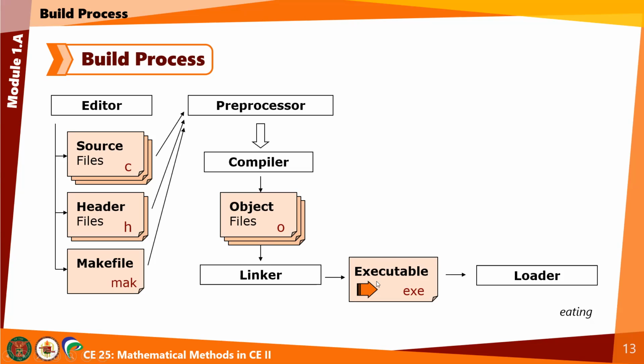And this executable file can be passed on to the loader. Sige, medyo abstract yung ideas, no? So maybe I can just show you what really happens using code. Sige, I'll stop sharing muna and open my environment.